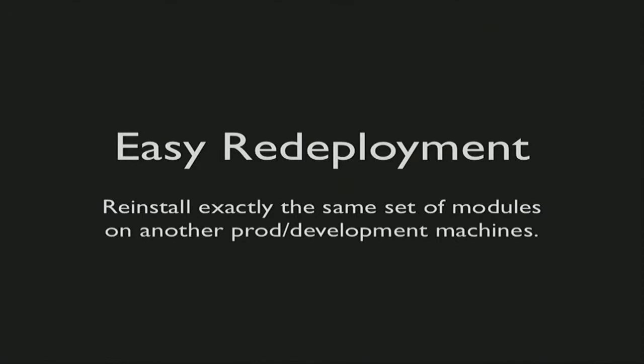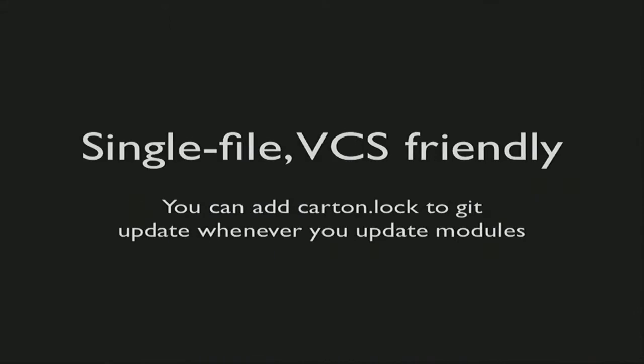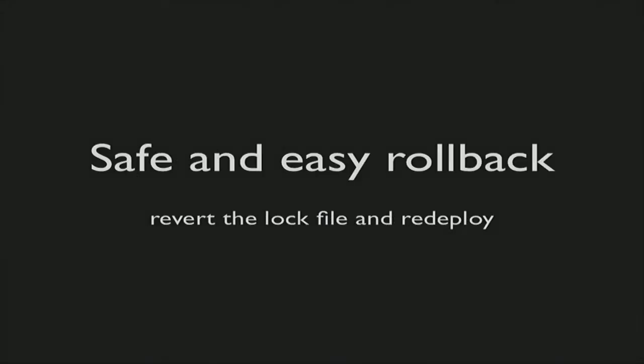If someone uploads a buggy version right before you deploy to production, that's okay. That doesn't break your code. You always deploy the same version that you installed in development. And because it's managed by Git or whatever version control tool that you want to use, you can easily and safely roll back to the version that you are sure works.